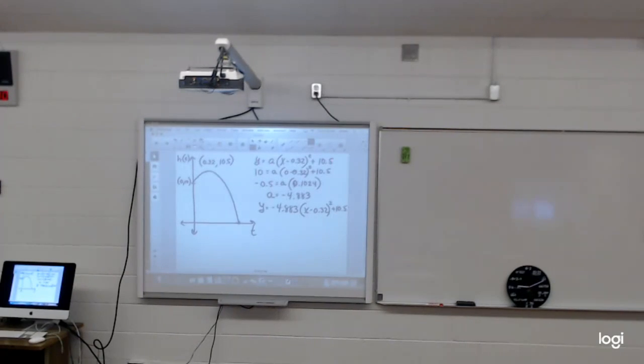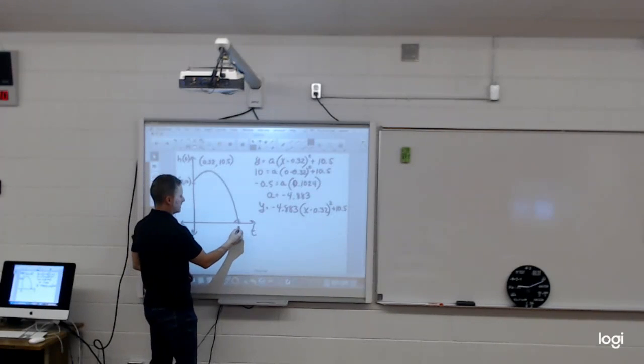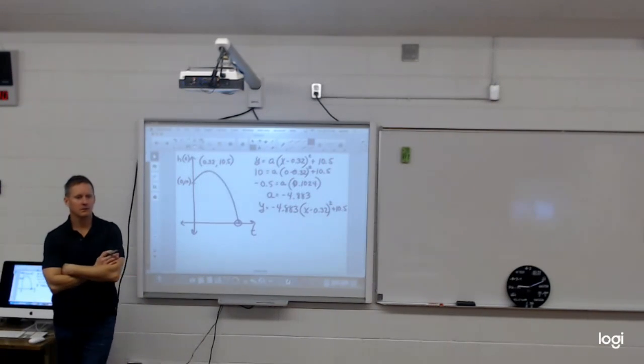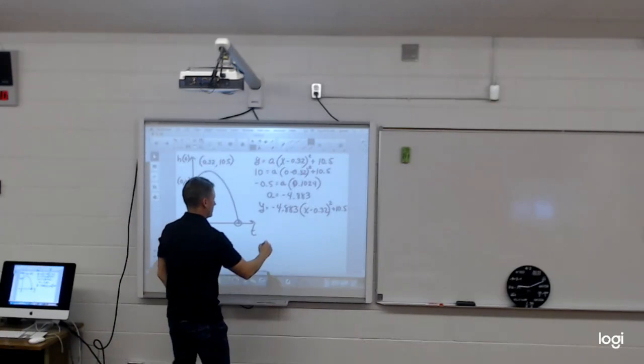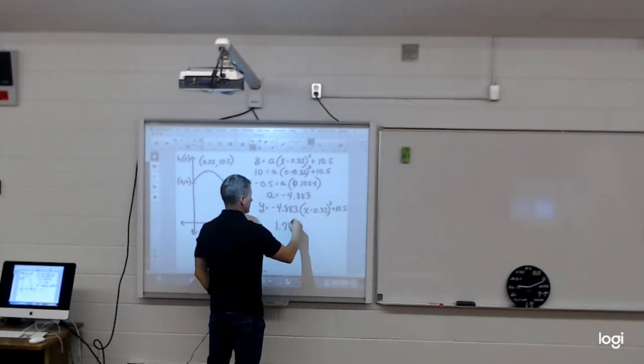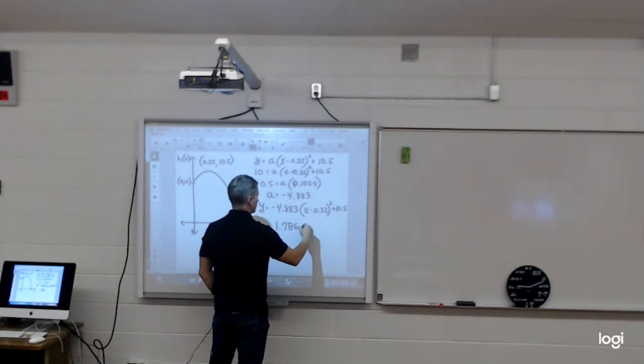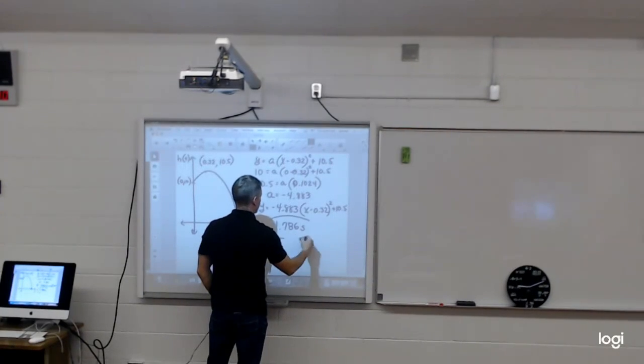Would it work if you put the vertex in for your points? No. What am I trying to find here? This 0 right here. How long does it take for her to hit the water? 1.786 seconds. Perfect. There's the answer to my question.